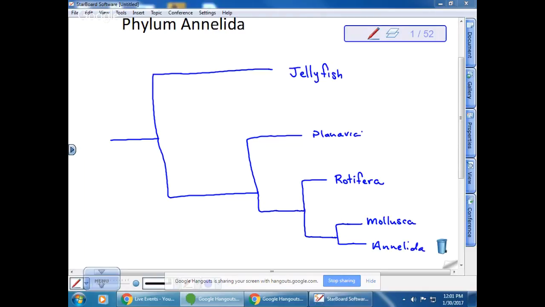So what is one thing that distinguishes the jellyfish from the planaria and all the other organisms? What's one characteristic that we could put up there that is only found in the jellyfish but not found in the other four?